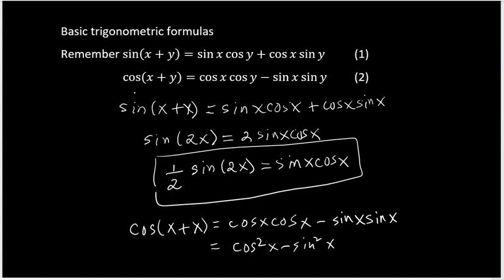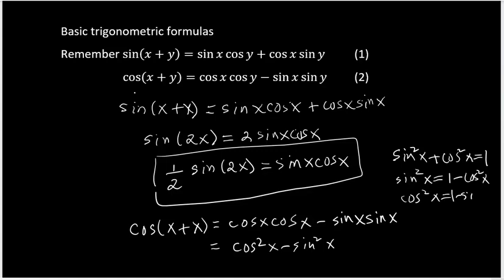And now you need to recall other basic trig identity, which is sine squared x plus cosine squared x equals 1. From here, with another transformation, I can say sine squared x is 1 minus cosine squared x, and same way you can say cosine squared x is 1 minus sine squared x.